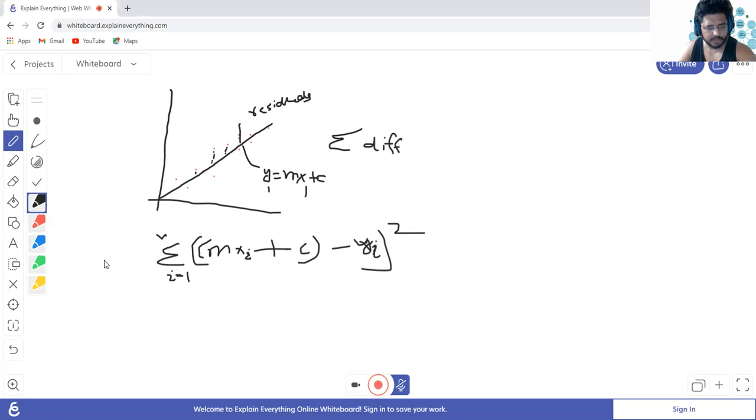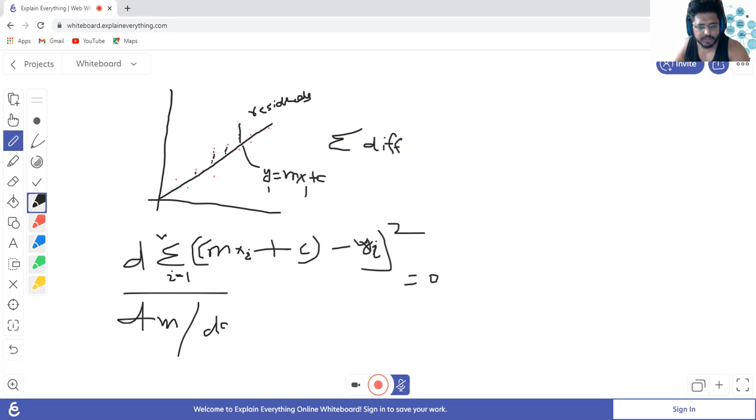Then differentiation with respect to m equal to 0, and with respect to c equal to 0. Both equations you solve and you get the values of m and c, and that is your best fit line. So that is how we calculated the linear regression, right?